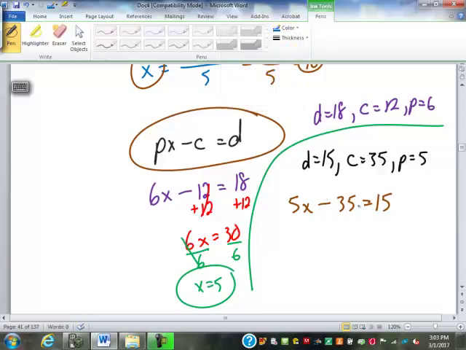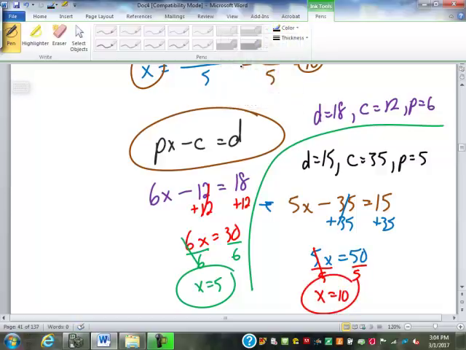So what are we going to do to solve this equation? What's our first step? We're going to add 35. Add 35. Great. So 5x equals 50. And then what? Divide by 5. X equals 10.